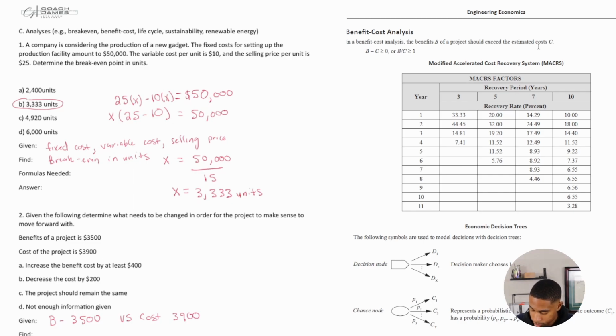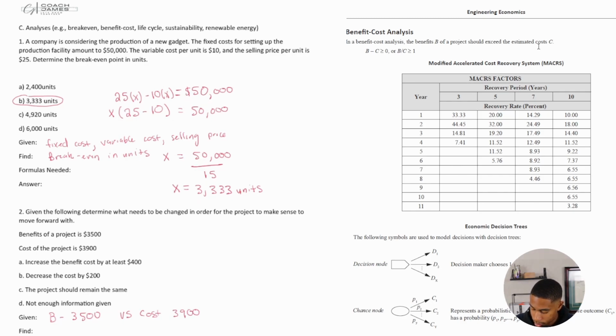We're trying to find what would make sense to move forward with this. So you know that your B minus C should be greater than or equal to 0.